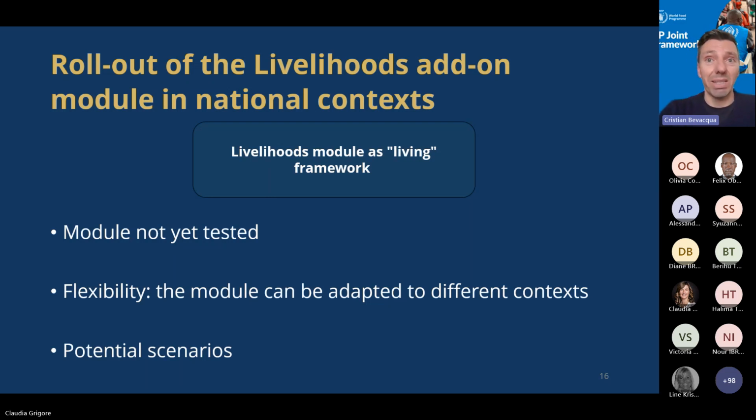In other cases we might want to better investigate rural livelihoods activities, and also in this case the livelihoods add-on module can already offer a lot of indicators and primary and secondary questions, but again it allows us to include new ones and to expand with new questions, new tools that can be integrated into the module itself.